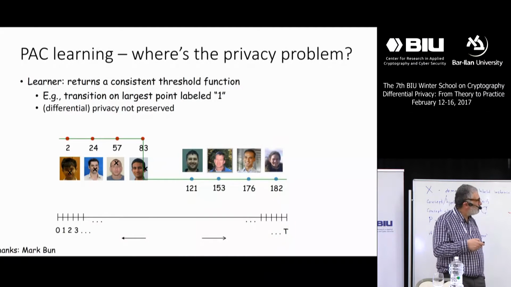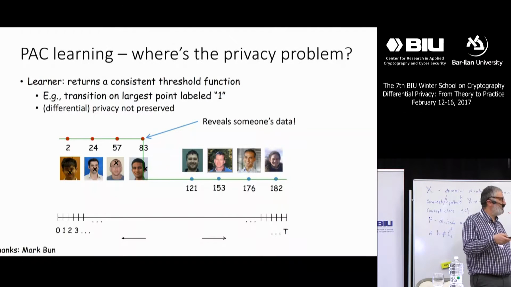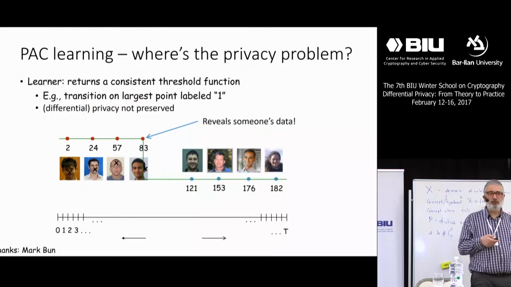But moreover, this algorithm probably shouldn't be called private in many reasonable senses, because it does reveal someone's data. Okay? And maybe if you have some external information, you could identify that person and actually learn that this data, in this case, belongs to Shiva. Okay?